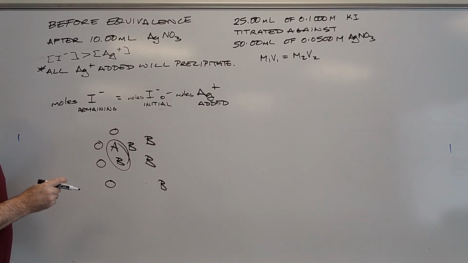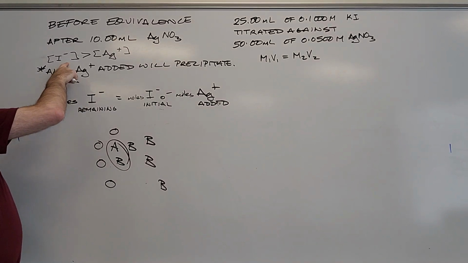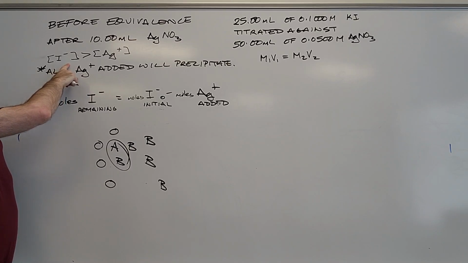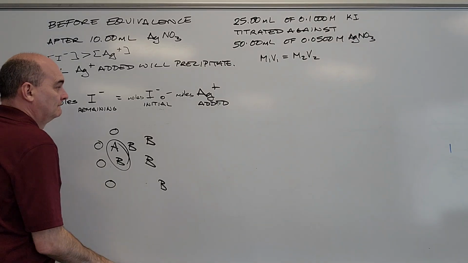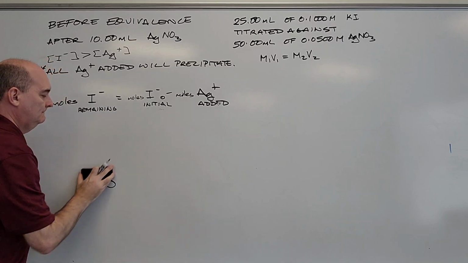And right now, I have a lot more iodide than I have silver. And I know that when silver meets iodide, it makes something deeply insoluble. So it will precipitate. It's just outnumbered. Okay.